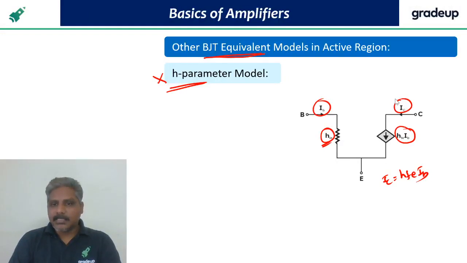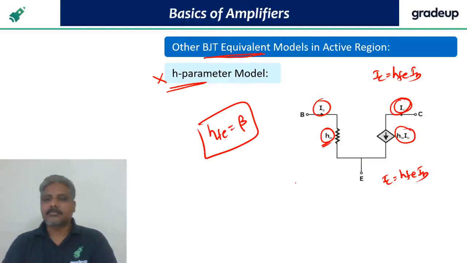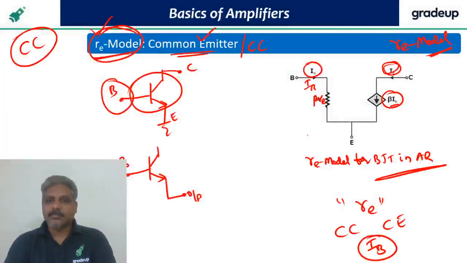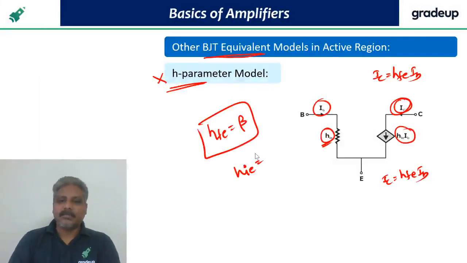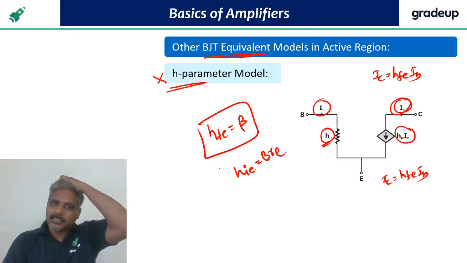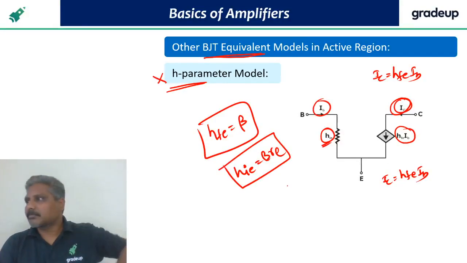Here IC is HFE IB. From these two, can I say HFE is nothing but beta? Similarly, here it is HIE, and here beta RE. That means HIE equal to beta RE. So that is the relation between these two.